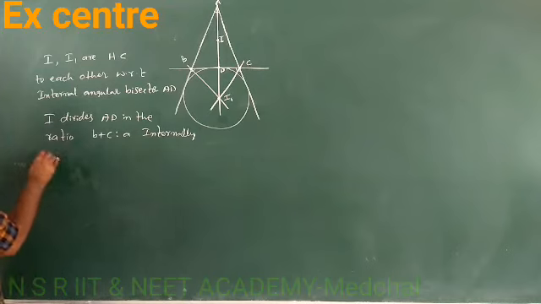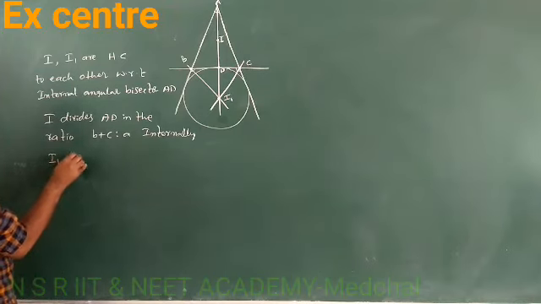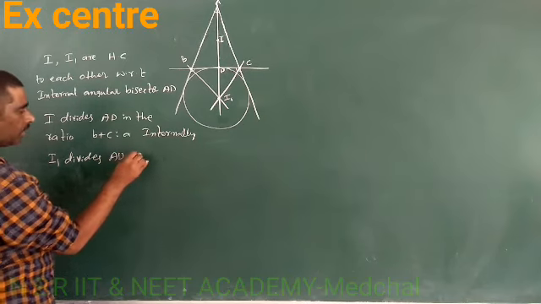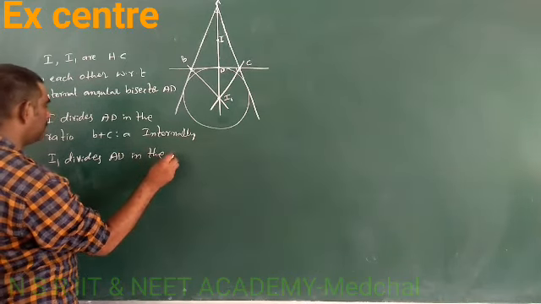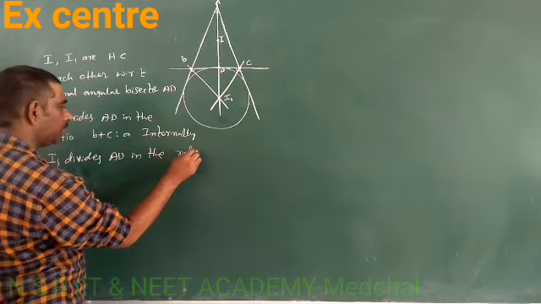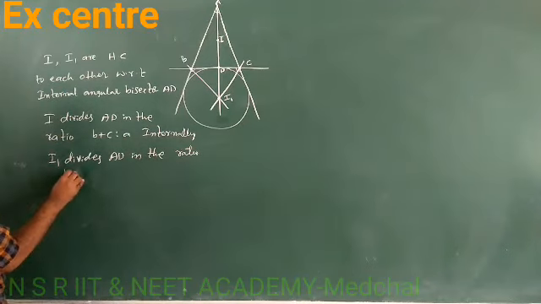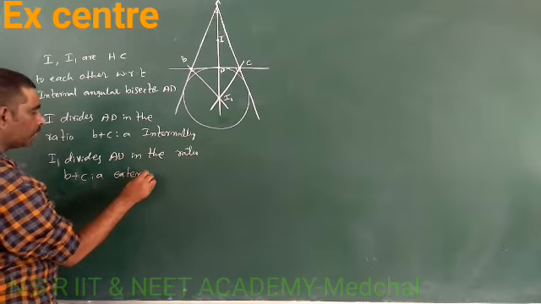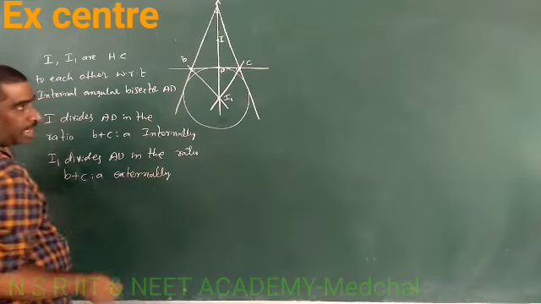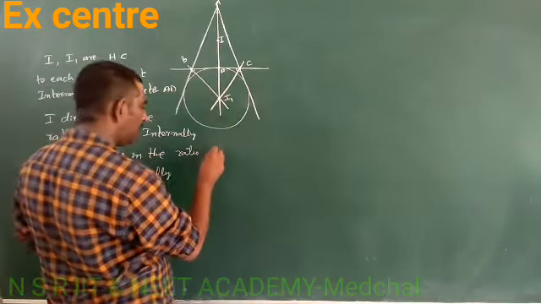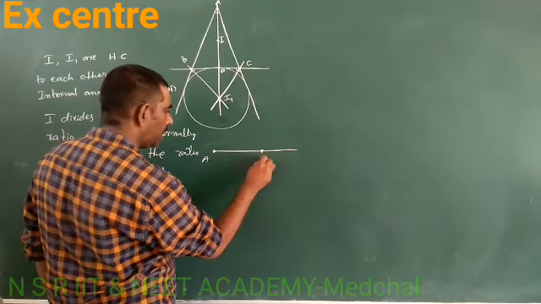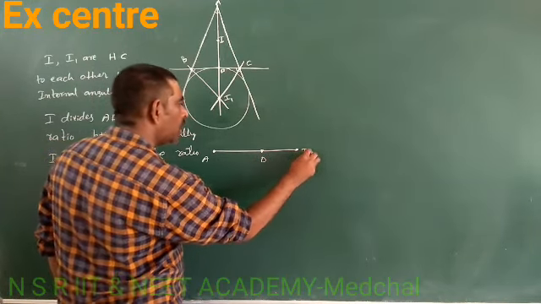Then I1 divides AD in the same ratio, that is, in the ratio B plus C is to A externally. So I divides AD internally, and I1 divides AD externally. You already know the coordinates of A and D.